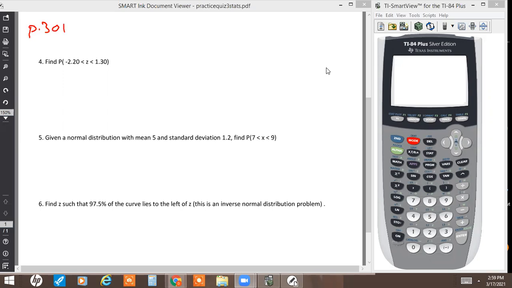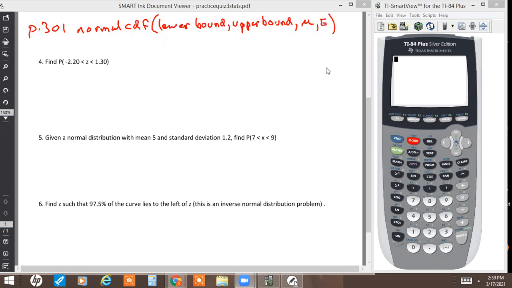The format for this is normal CDF, and then in parentheses, you want to put the lower bound, the upper bound, and mu, mean, and sigma, the standard deviation, okay?